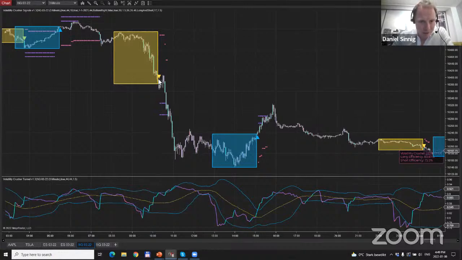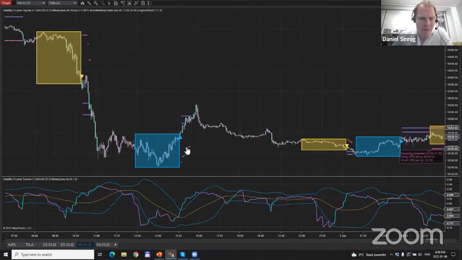So here we have an entry signal, which is then followed through quite nicely by a move to the downside. Here we have a signal to the upside, again with a nice follow through where both our targets, profit target 1 and profit target 2, are hit.